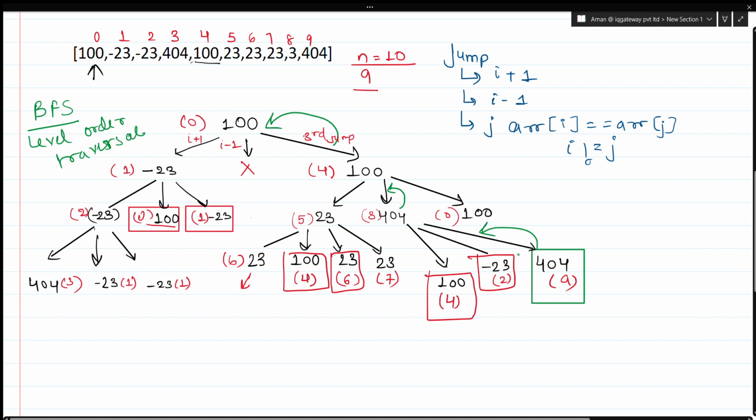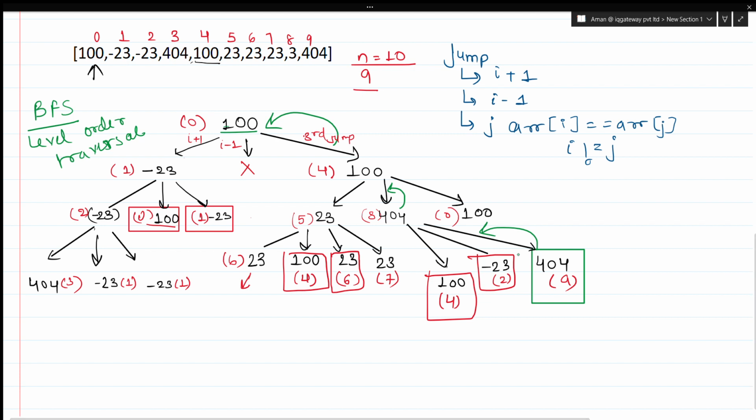First, we started from the 0th node, then we took all three jumps, then from all those nodes, other three jumps, like this. And this is my base case: when I reach the last index, I need to return at that point only.